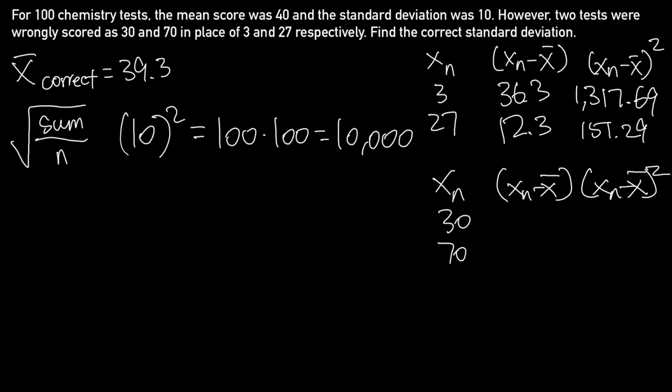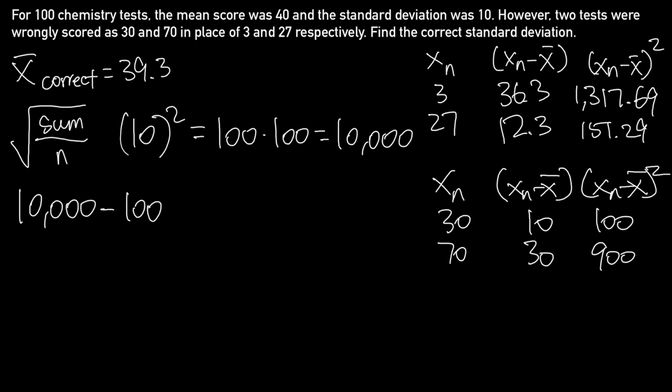We know the incorrect mean was 40, so the difference between 30 and 40 is 10. The difference between 40 and 70 is 30, and it's pretty obvious that when you square, you get 100 and 900. So you take those two values out of 10,000, which is the incorrect sum, and you add in the correct ones, which are already found.